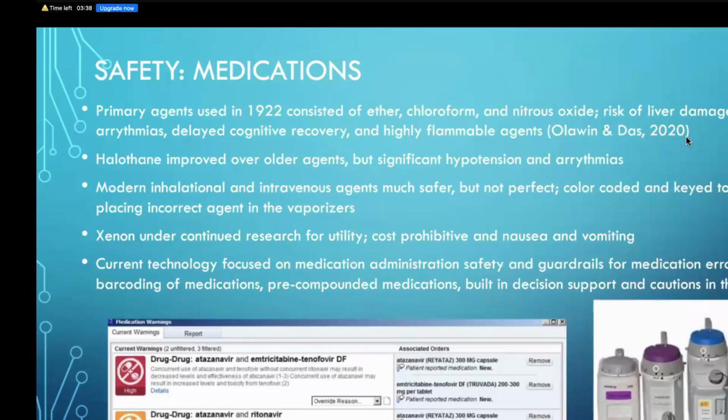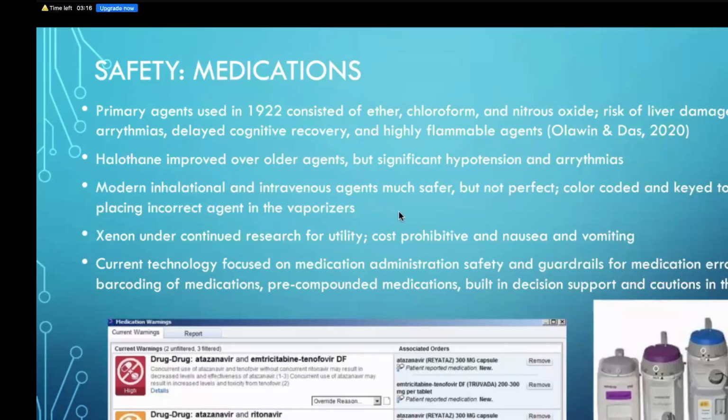Even anesthetists were getting sickly by the time they got to the end of their career because they were breathing ether all the time. So halothane was an agent that improved greatly over those, but it caused a lot of low blood pressure and some arrhythmias, but it wasn't flammable, so that was a big change. But the modern drugs are overall very safe.